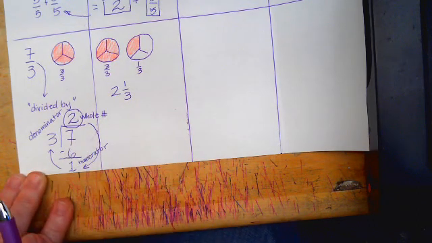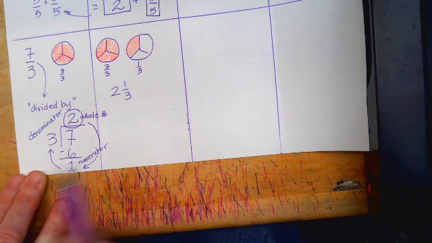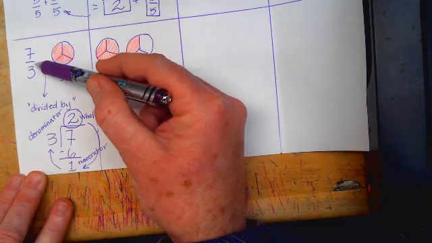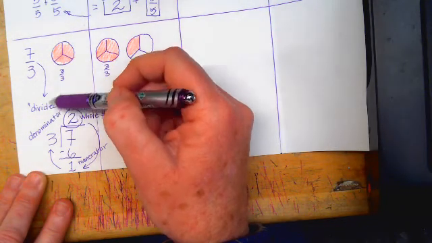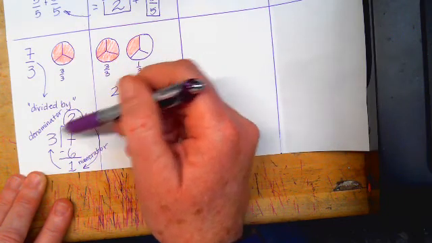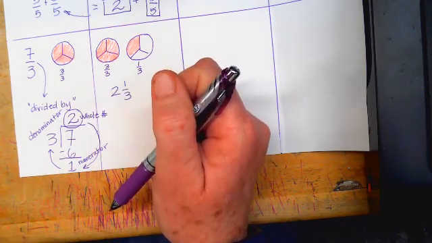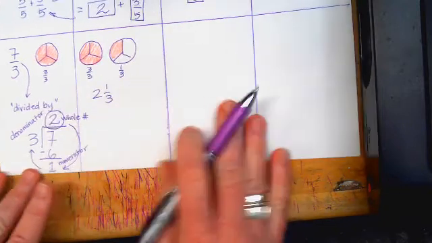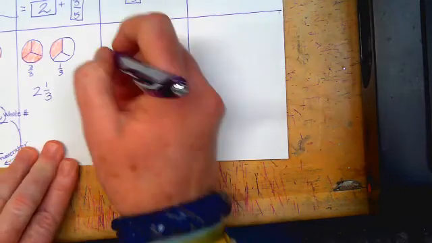We get the same answer as we get from drawing the picture, but it's a little bit quicker, right? And we didn't have to have colored pencils. So think of this fraction bar as always meaning divided by, and then you take 7, you divide it by 3, and that tells you what your mixed number is going to be, okay?